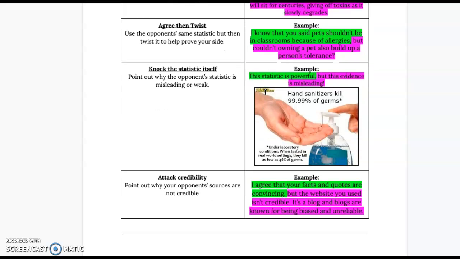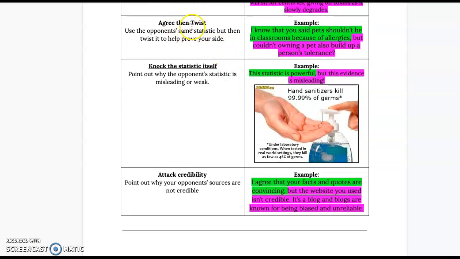Here's the second example. You agree with the other side, that's your counter-argument, and then you sort of twist it. So use the opponent's statistic, but then twist it to help prove your side. So here we go. I know that you said pets shouldn't be in classrooms because of allergies, but couldn't owning a pet also build up a person's tolerance?